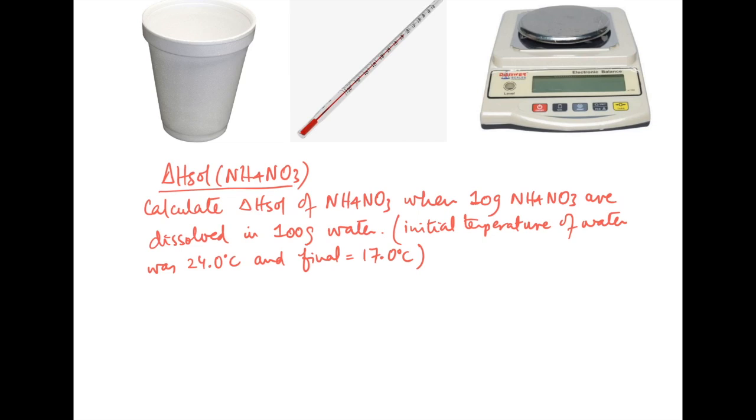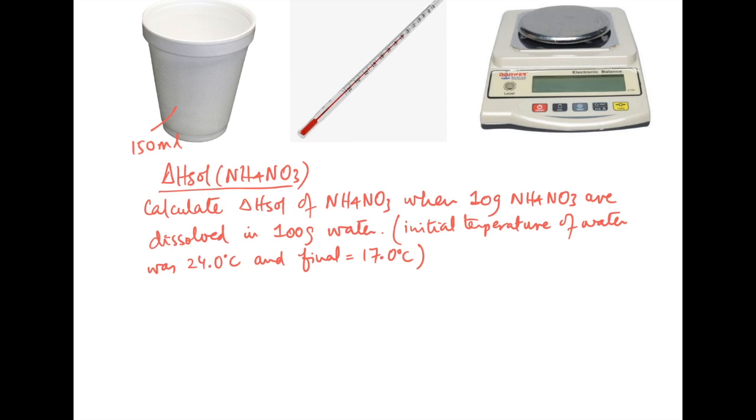Here's the question: calculate the enthalpy of solution of ammonium nitrate when 10 grams of ammonium nitrate are dissolved in 100 grams of water. By the way, the polystyrene cup has a capacity of 150 cm cubed, because we treat 1 cm cubed as 1 gram.